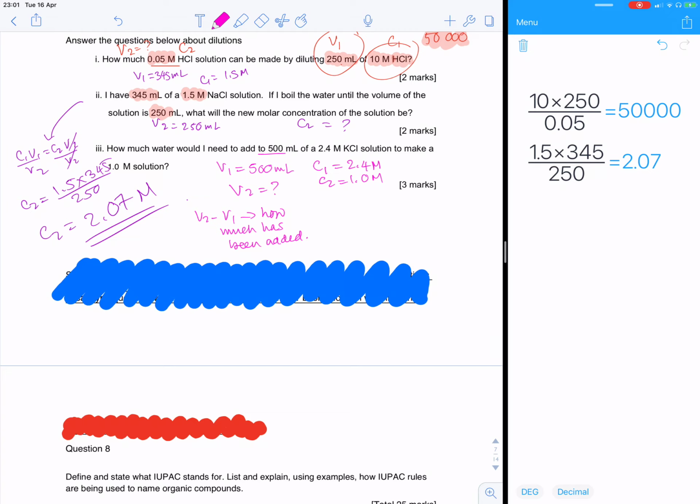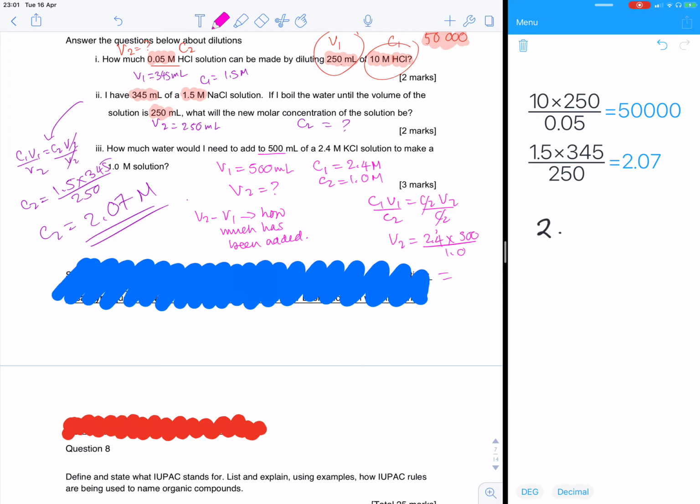Okay, so let's do C1 V1 equals C2 V2, divided by C2 on both sides. That will give us V2, which is C1, in this case 2.4, times V1, which is 500, divided by C2, which is 1.0.